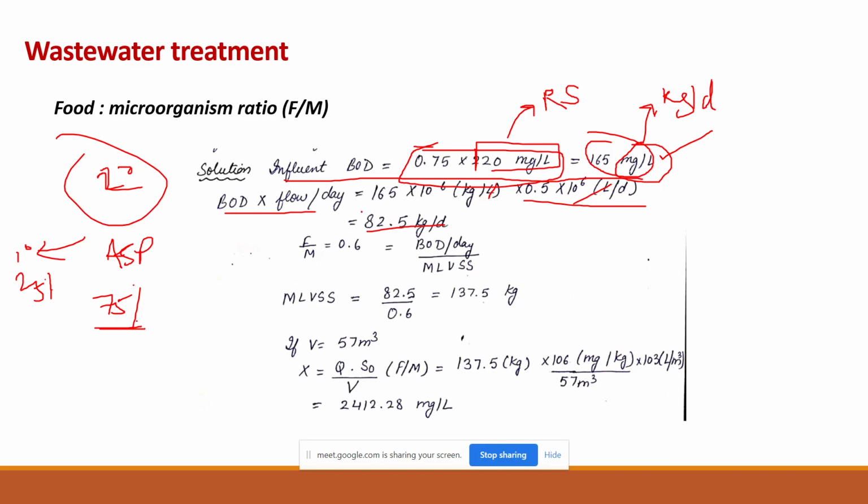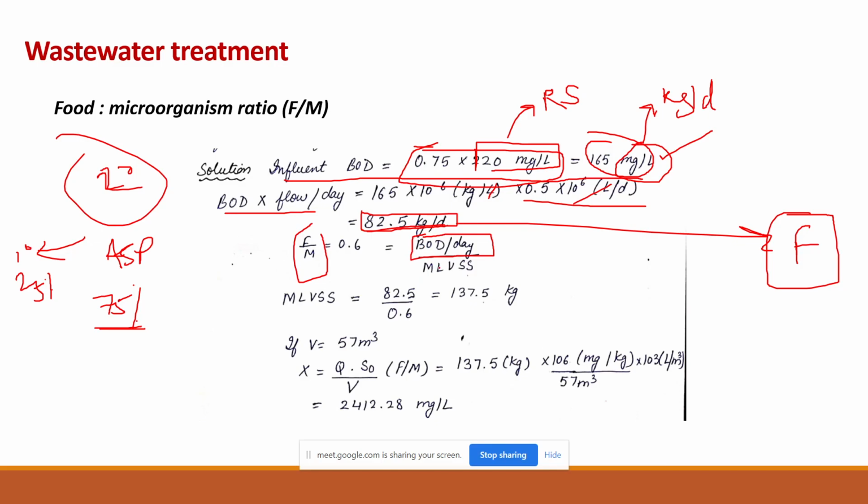Okay, so this 82.5 kg per day is the food which is available to the microbes. So this is your F value. Fine. Now F by M is BOD per day by MLVSS. You have to calculate MLVSS, just simple cross multiplication. So we get 82.5 by 0.6, that is 137.5 kg.